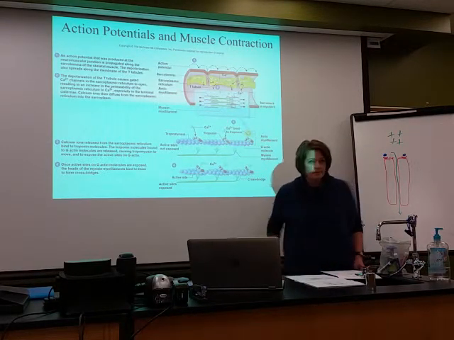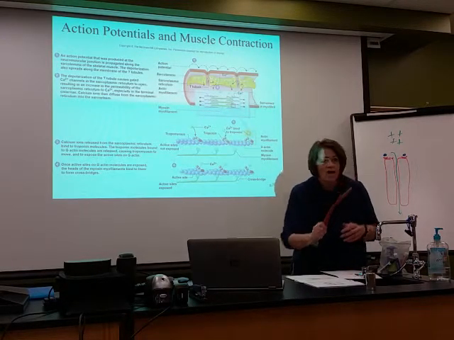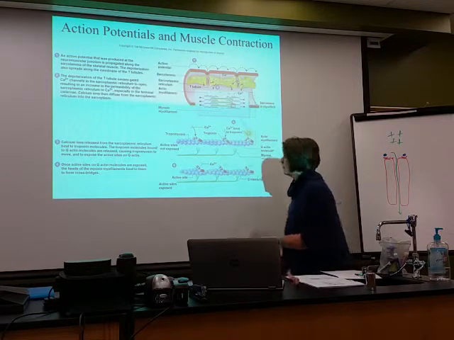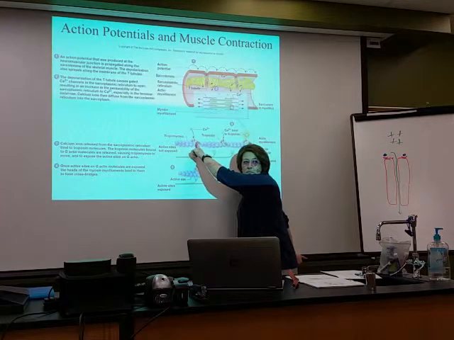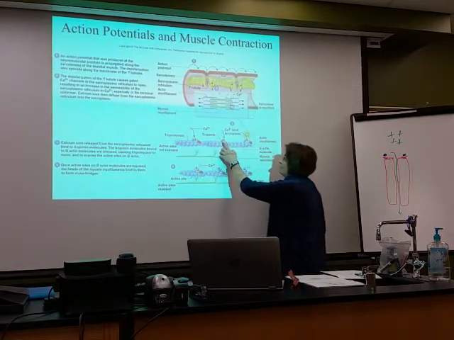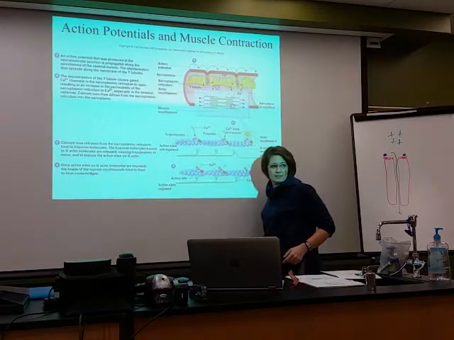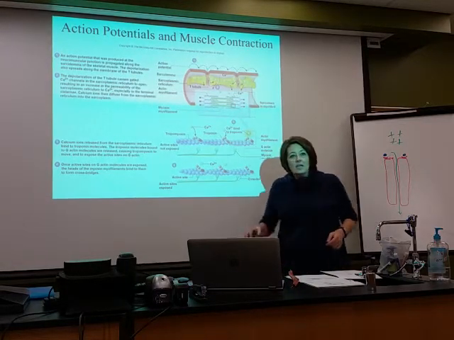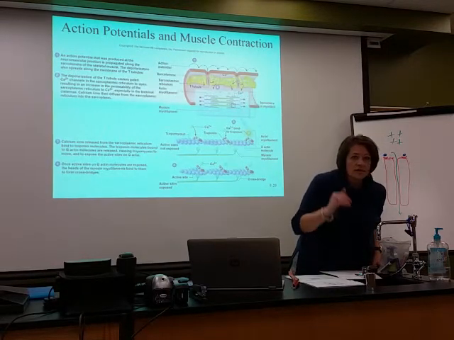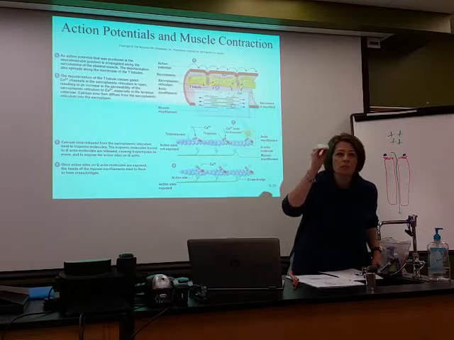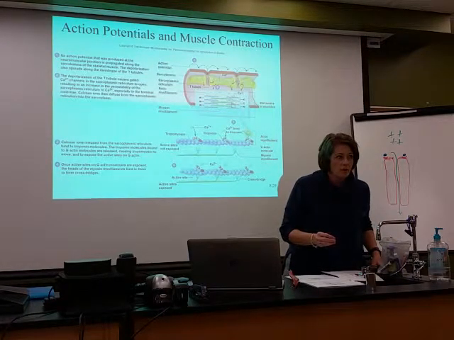Now, watch. My little 3-unit troponin. At each bend, see how it has its connection to the tropomyosin. When calcium is not present, it's in position to block the active sites. Okay?